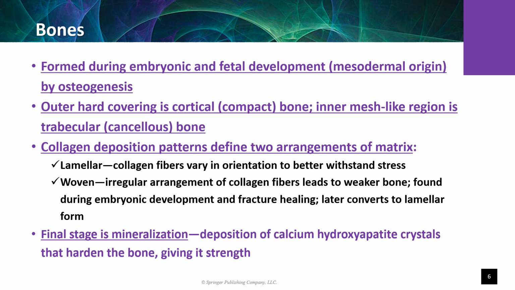When teams of osteoblasts complete bone production, they flatten and form a lining at the bone surface called periosteum when it covers the external bone surfaces, or endosteum when it covers the internal bone surfaces.